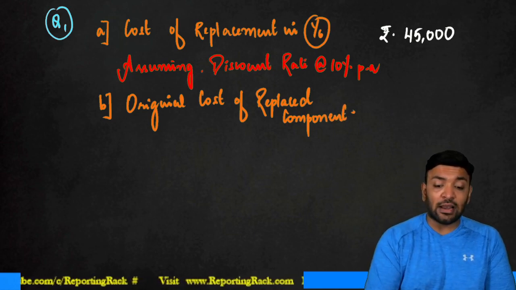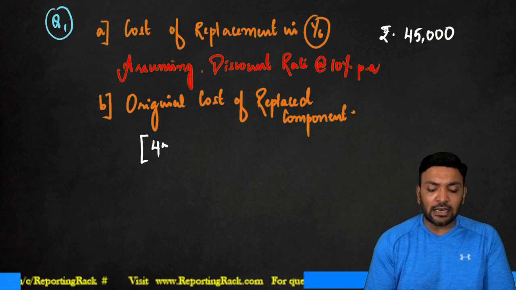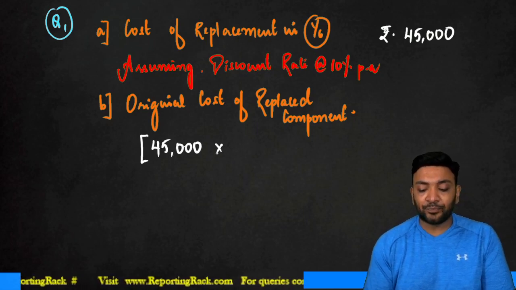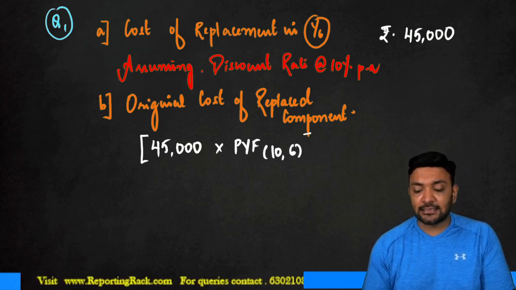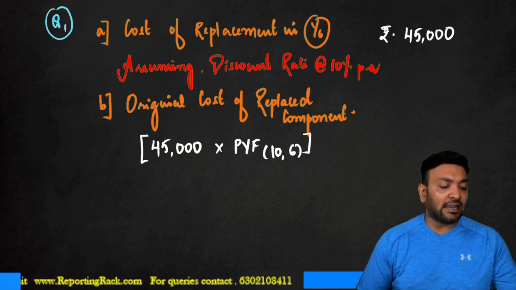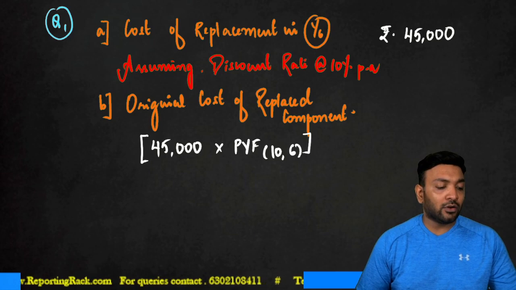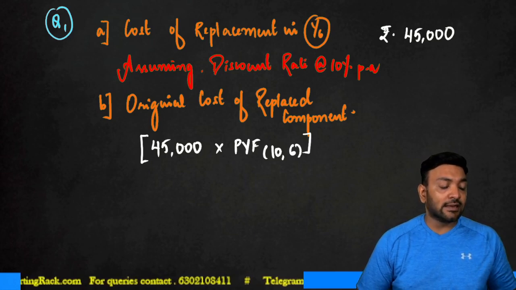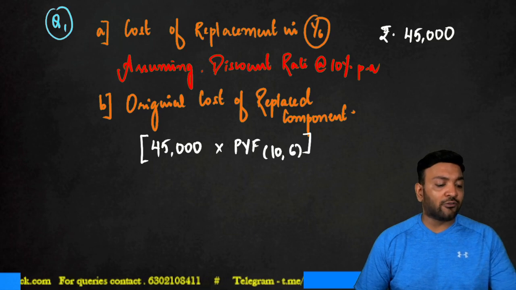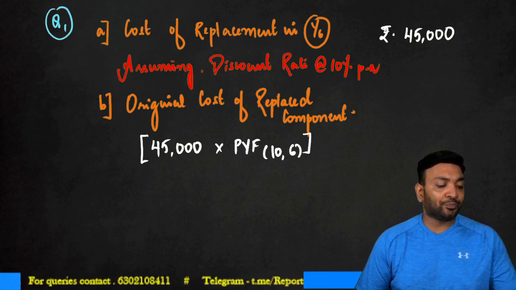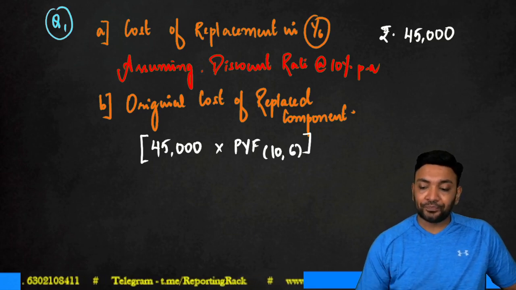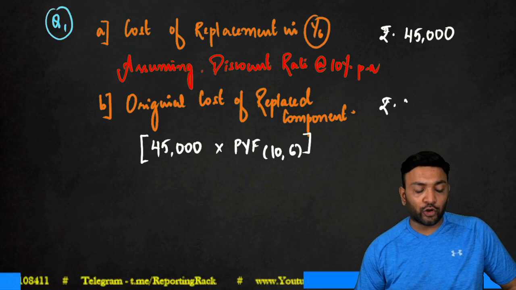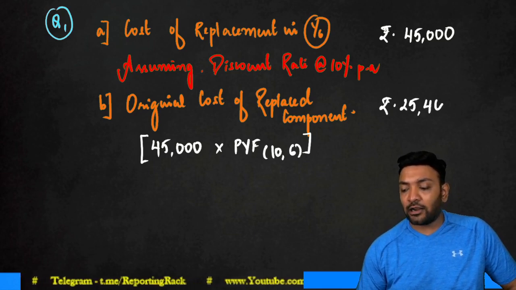What is the formula that will apply? 45,000 into the present value factor for 10%, 6 years. Calculate 1 divided by 1.1 to the power 6. It is 0.5645 into 45,000. The answer will be rupees 25,403.